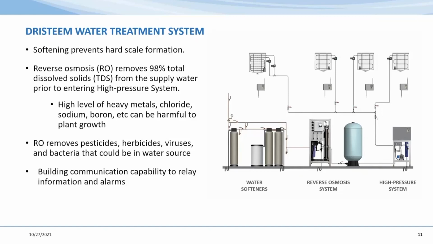And one of the other things, just like our humidifiers, the building communication aspect is something that's a little bit of a differentiator for most standard off-the-shelf water treatment systems on the market. This is something that we can communicate alarms and different signals in BACnet, Modbus, or LonTalk. And what you typically see is just a general alarm contact in the industry.